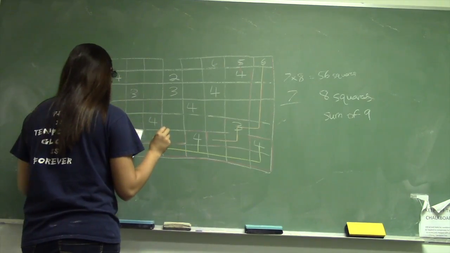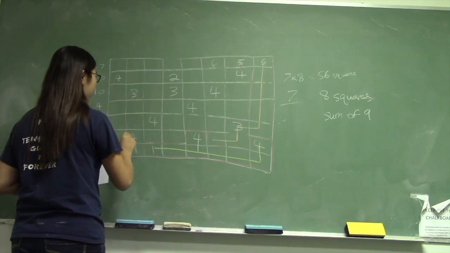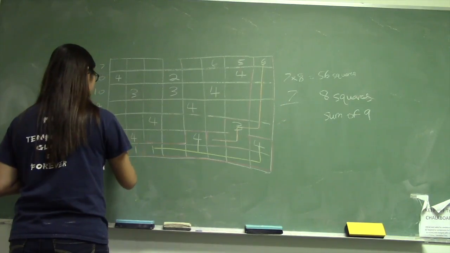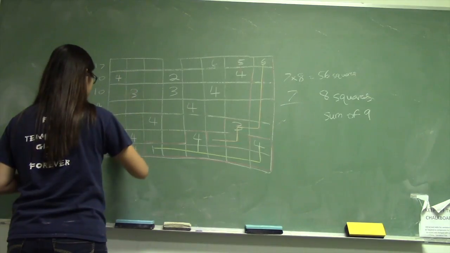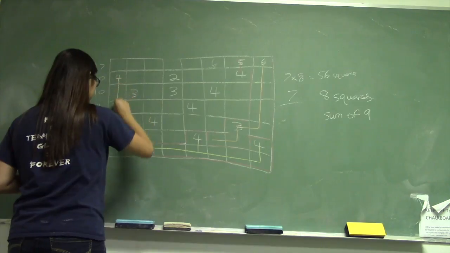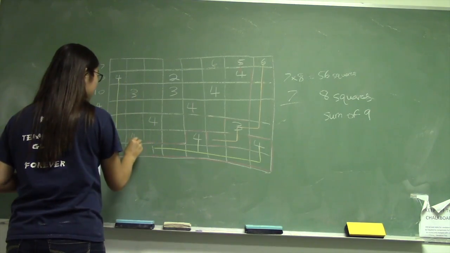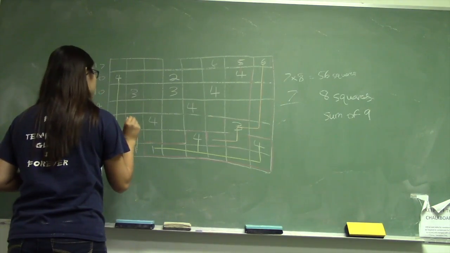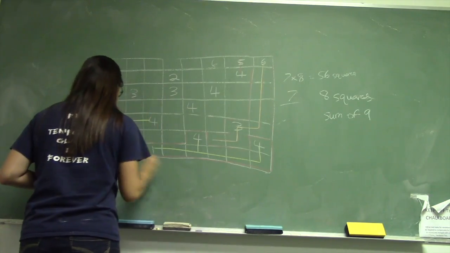So we want another 4, 4, 1 and another 4, 4, 1. So this 1 and 4 has to connect to this one, since this 4 can't possibly reach this one. So that's 6 spots, and the only 4 that this piece could possibly reach is this one. So we have another full piece.